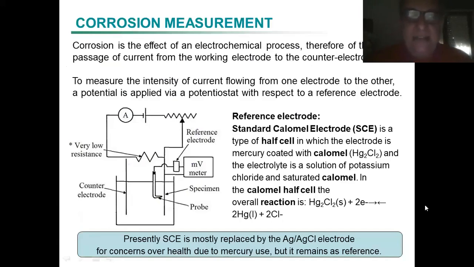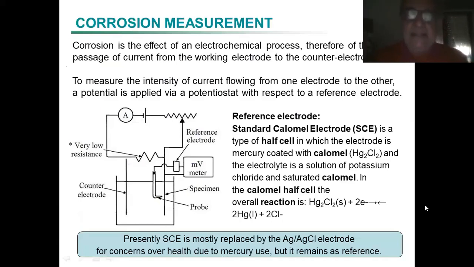And our reference is a reference electrode, which used to be, but is still used for corrosion measurement, still used in scales to compare different materials. Although now a slightly different electrode is used. It was the calomel electrode.